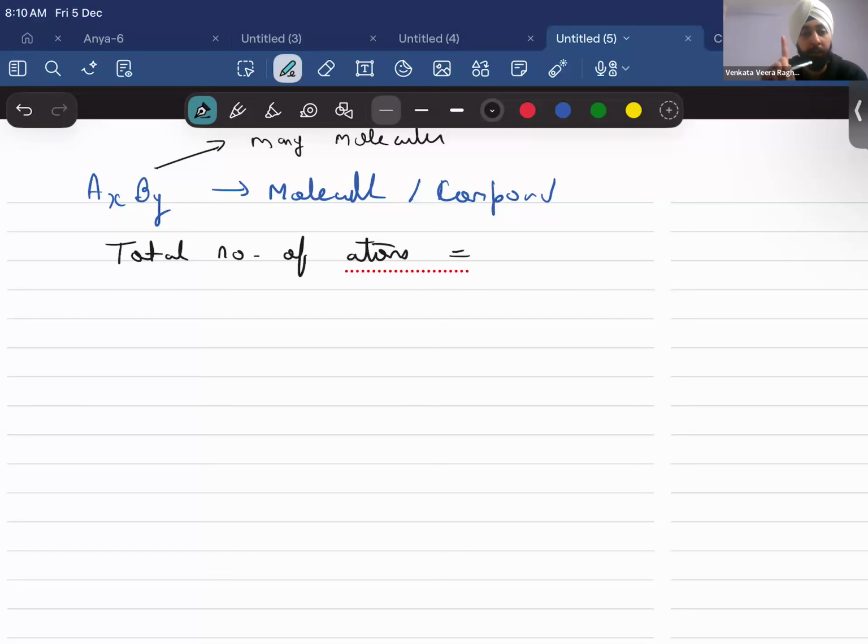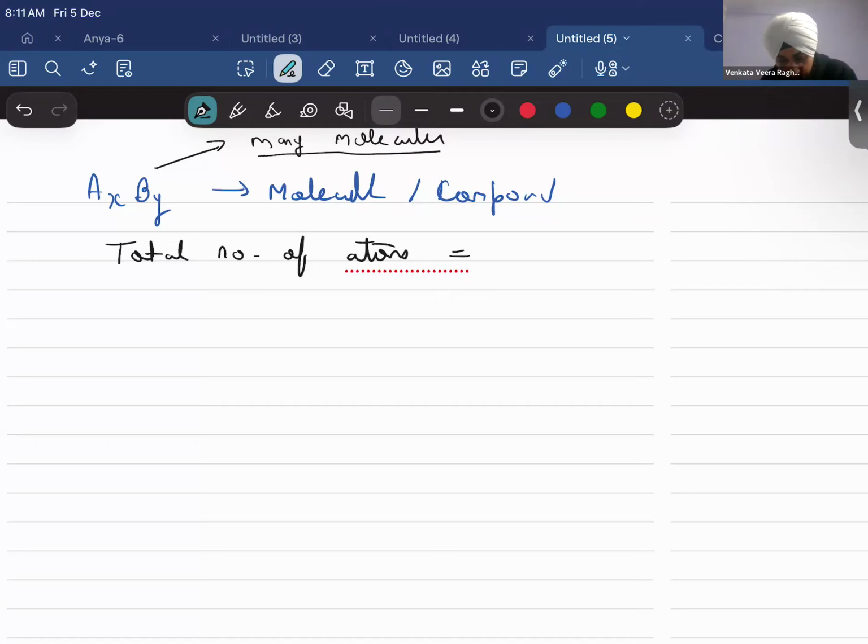Sir, if you take one molecule of AXBY, then it will have X amount of A atoms and Y amount of B atoms. Do you agree with me? In just one molecule, X amount of A atoms will be there, Y amount of B atoms will be there. But sir, now you do not have one molecule, you will have many molecules.